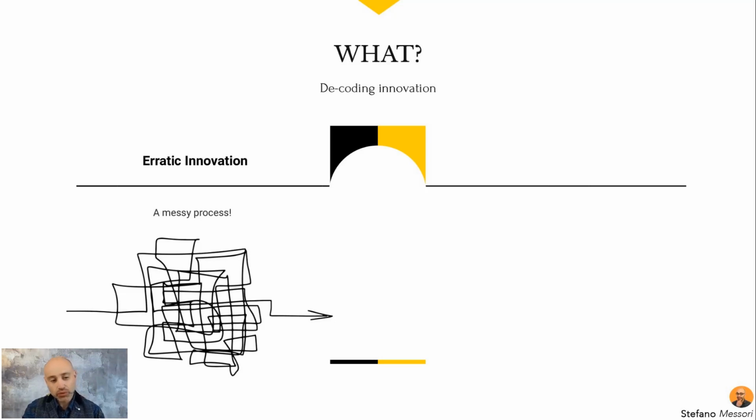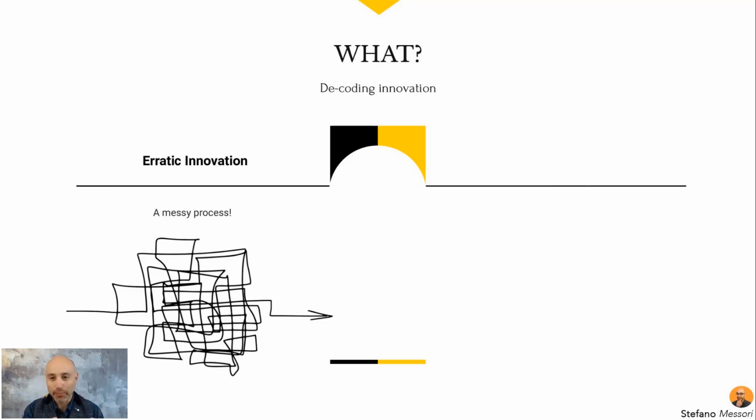erratic innovation, is what we have on the left side of this chart. And what you see in there is just a starting point, a straight line, and all of a sudden there is a turmoil of ideas that come together, and it seems like we ended up in a washing machine.